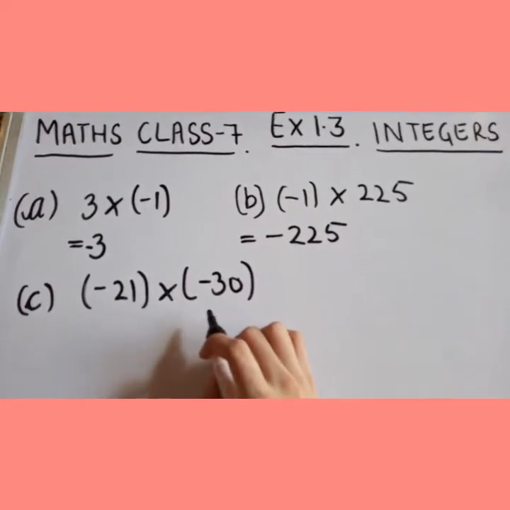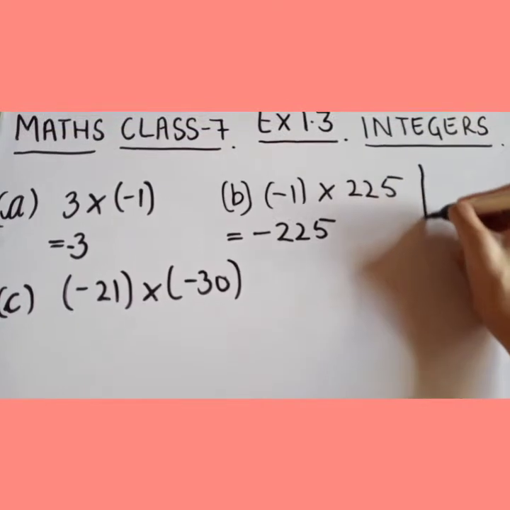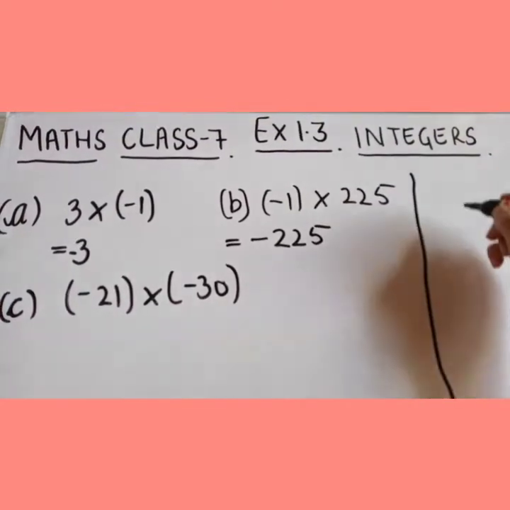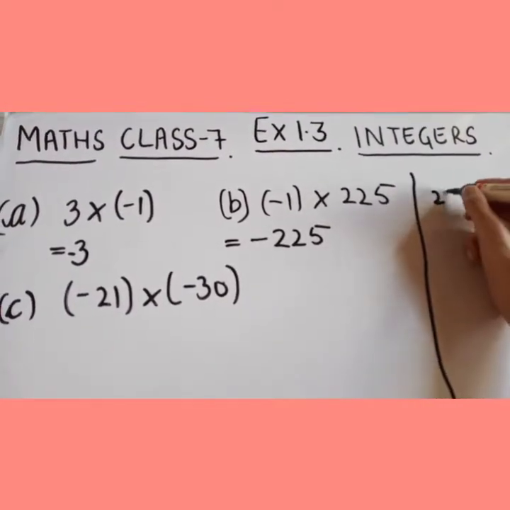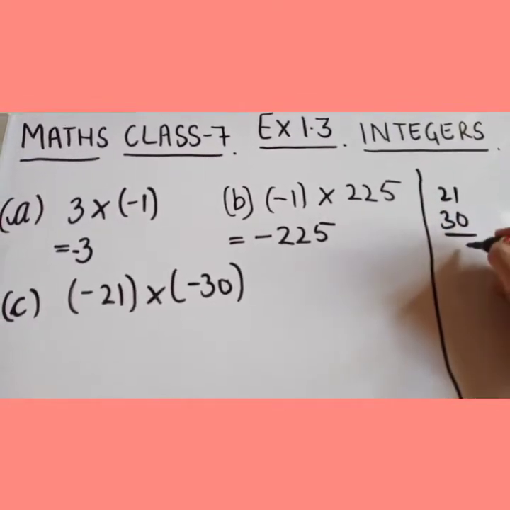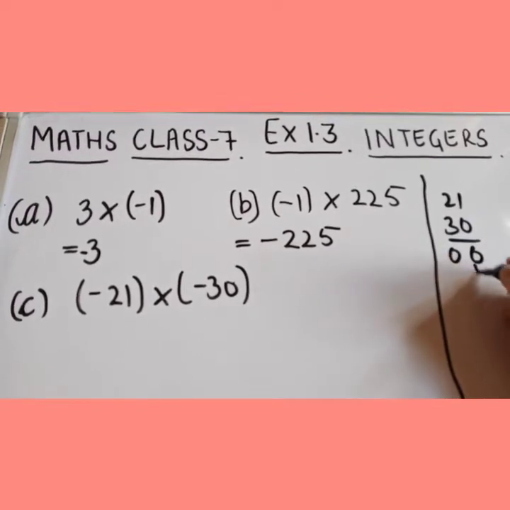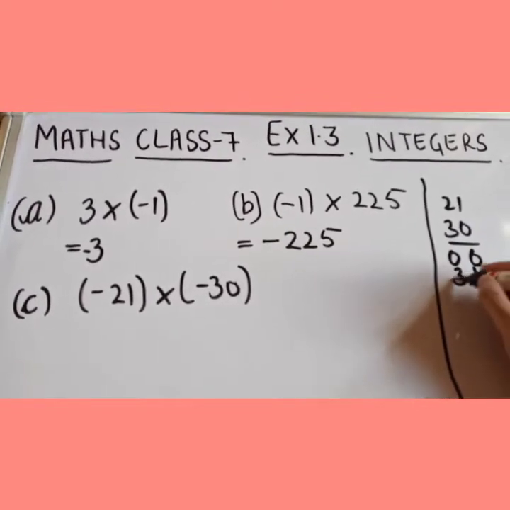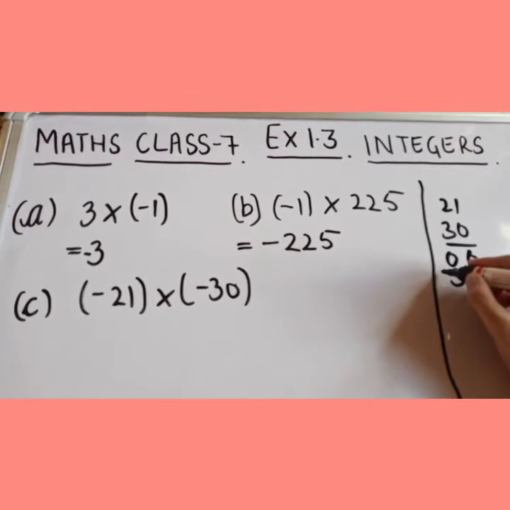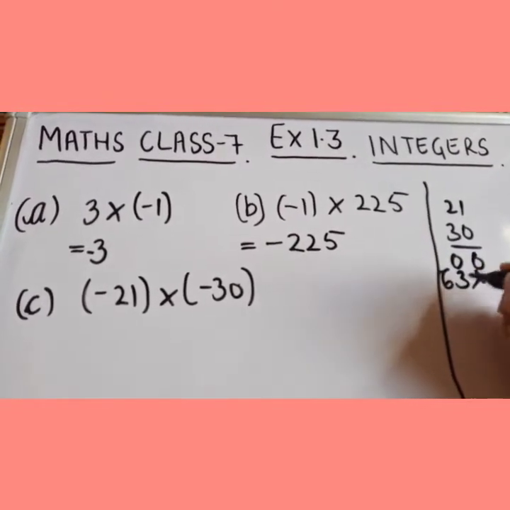Now, 21 multiplied by 30. Let's assume this space as the rough column. So 0 multiplied by 1 is 0, 0 multiplied by 2 is 0, 3 multiplied by 1 is 3, and 3 multiplied by 2 is 6.